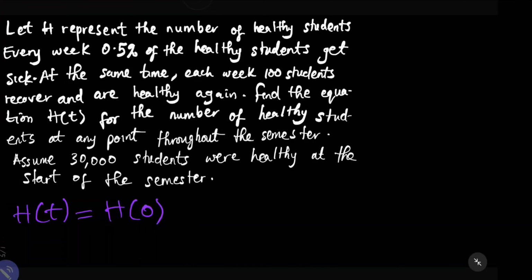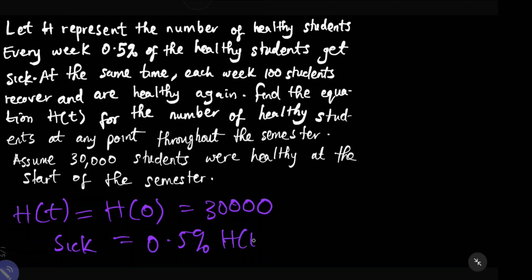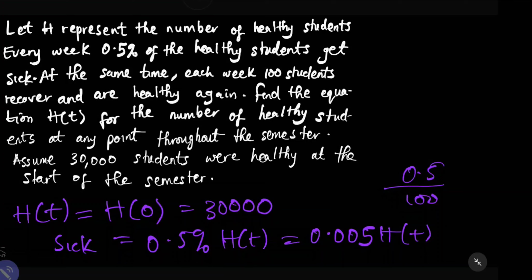Before the first week, there were 30,000 healthy students, and then every week, this is what happens every week, 0.5% of the healthy students get sick, and 0.5% is the same thing as 0.5 over 100, which gives us 0.005 h of t.